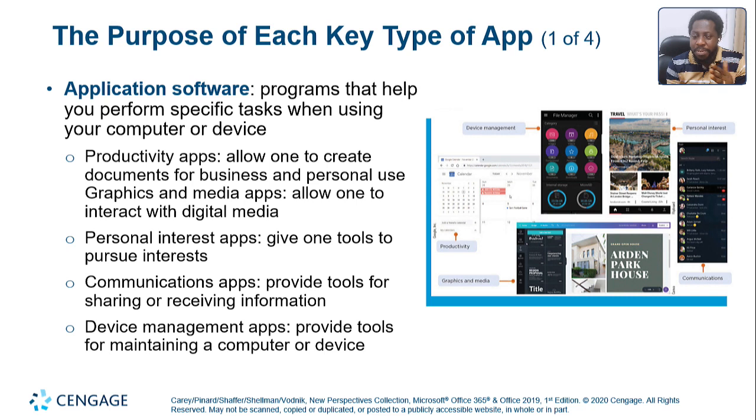I'm a computer science person, but I won't install an application for, say, building technology or architecture. Those people have certain applications and tools they may be interested in, because they need them to get certain things done. I will have no need for them because I will do nothing with them. There are several other personal interest apps that you may want, but they all fall under application software. This is one of the categories.